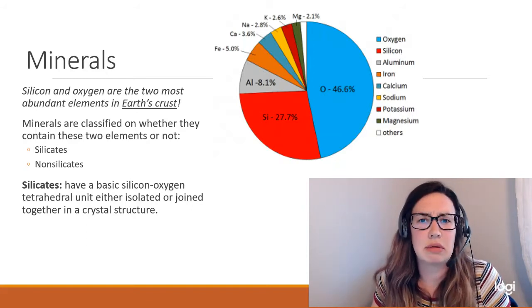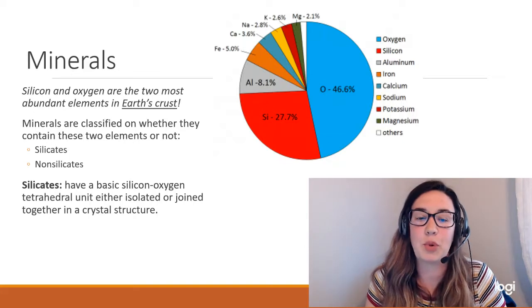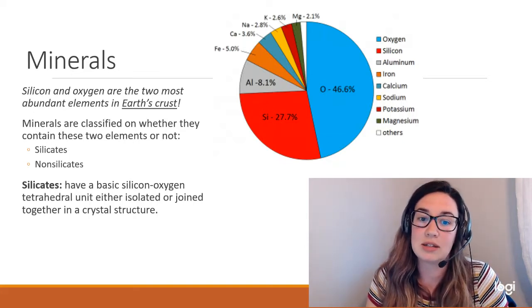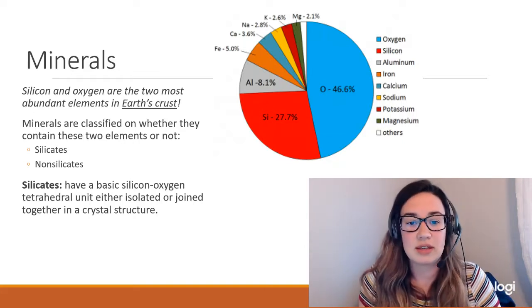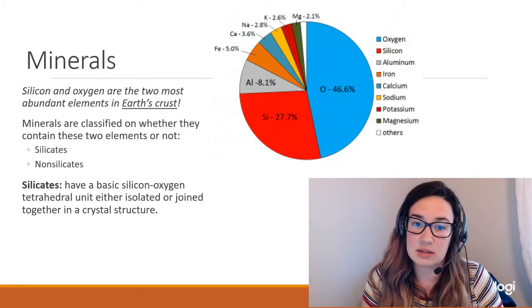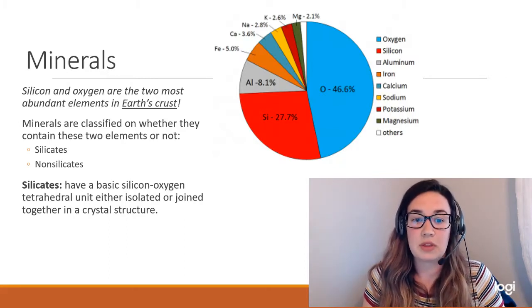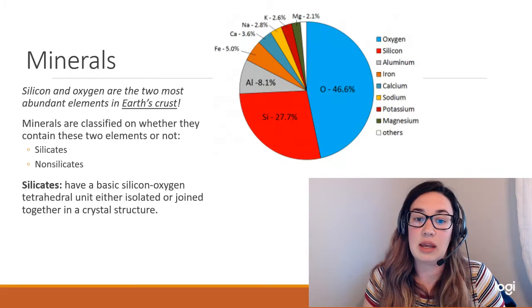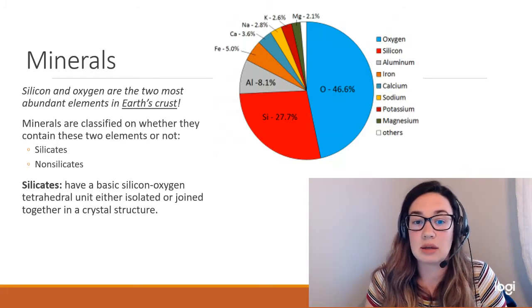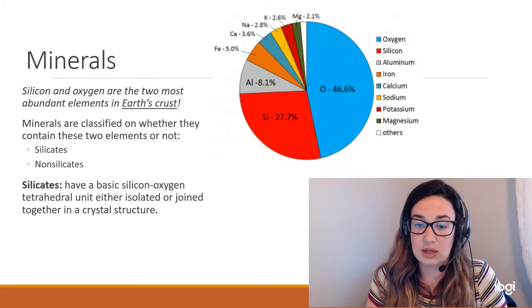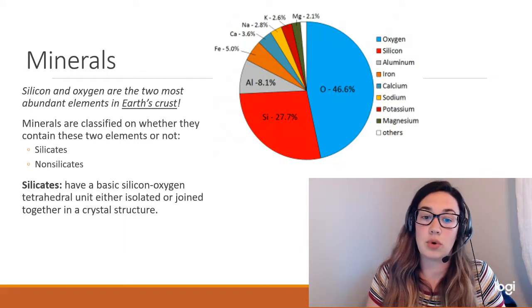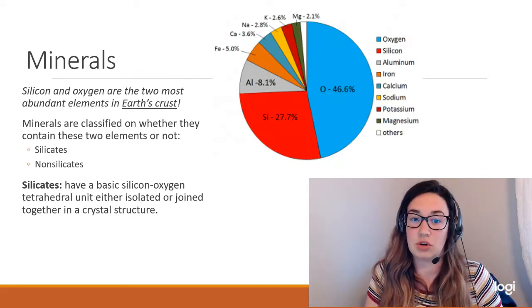These 2 different ways include whether they are silicates or non-silicates. Silicates are basically a silicon-oxygen tetrahedral unit, and they can be isolated or joined together in a crystalline structure.